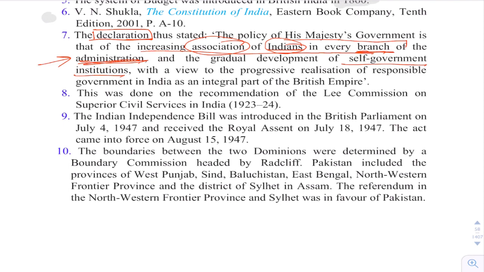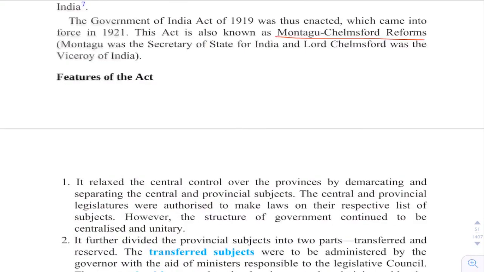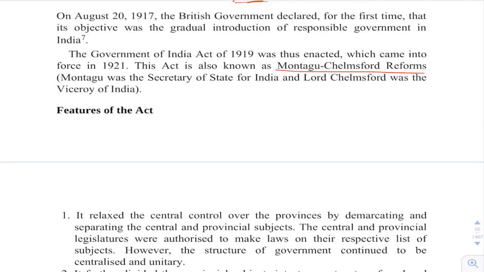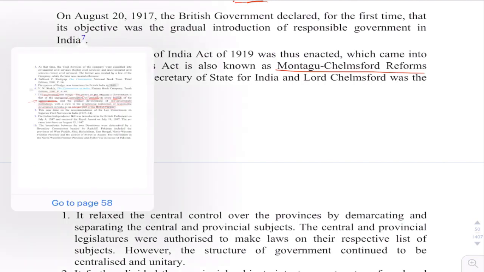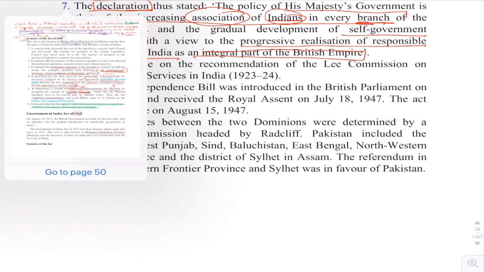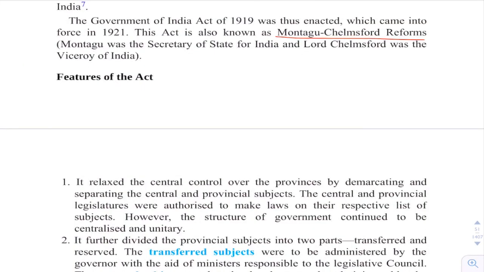With a view to the progressive realization of responsible government in India as an integral part of the British Empire. So this is what they said, that we are trying to associate more Indians in this administrative system, and that was what the declaration had said. So we are done with this footnote also, and this happened in the year 1917.